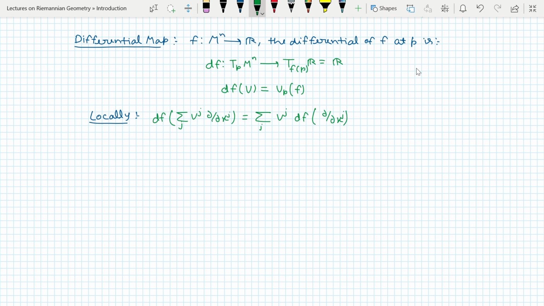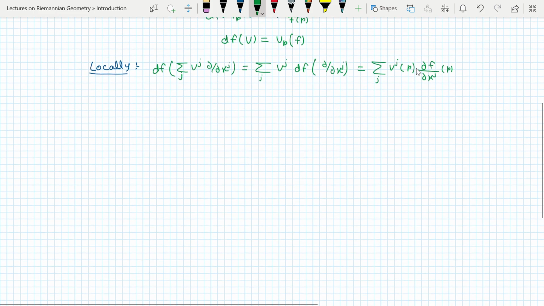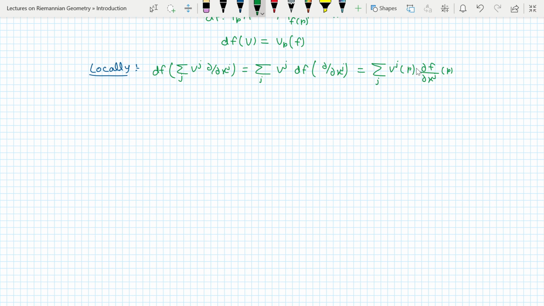So this will become the summation over j of vj del f over del xj. Well, that's the definition of df: v operates on the function f, where here v is del over del xj. Now this was for the function f. Now let's see for the component function.